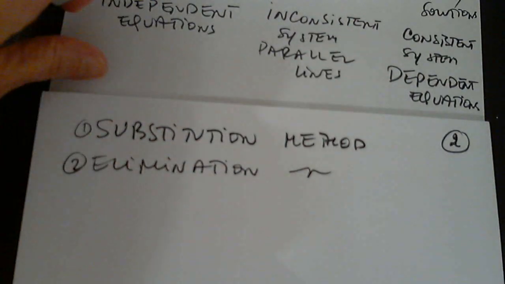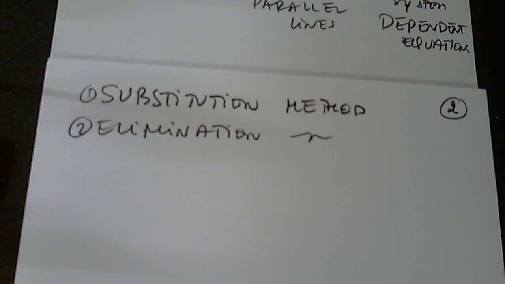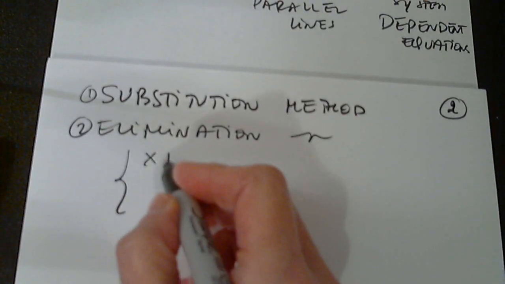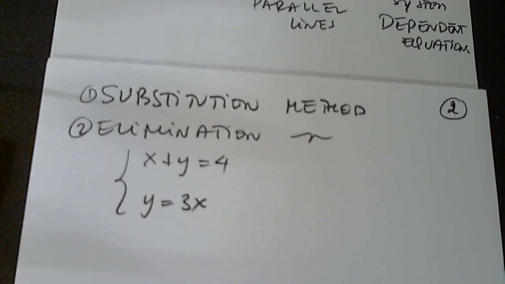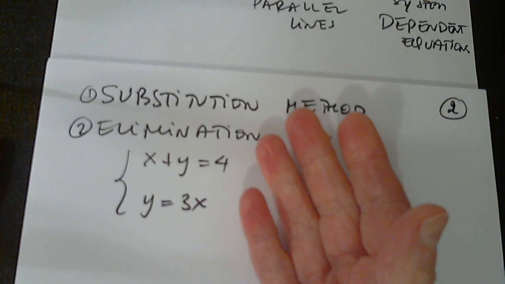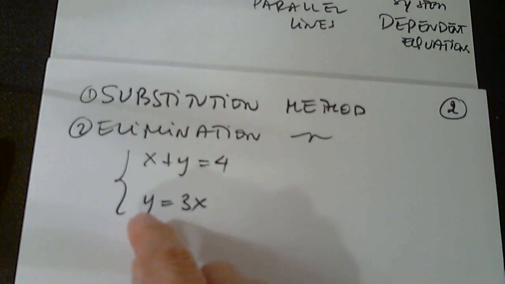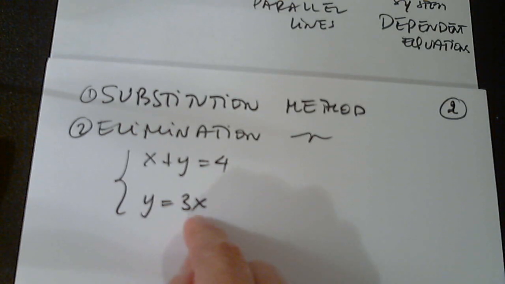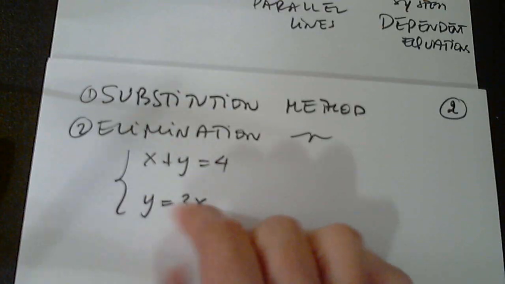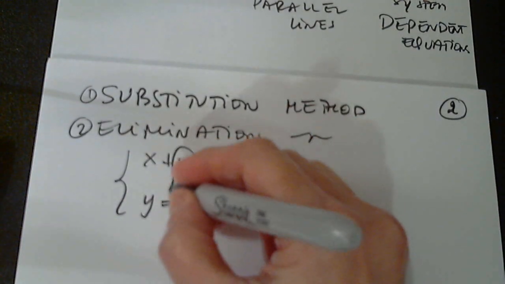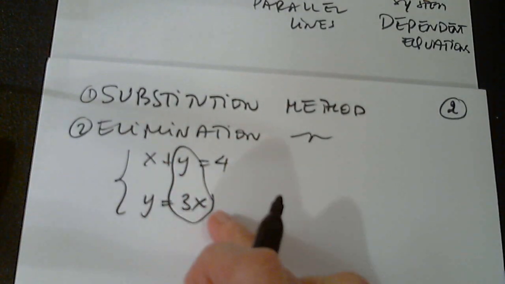Okay, so I'm going to copy the same system one more time. This is a typical situation for substitution. What am I saying here? y is the same thing as 3x. Why don't I replace this y by 3x in the first equation? Because y is the same as 3x.